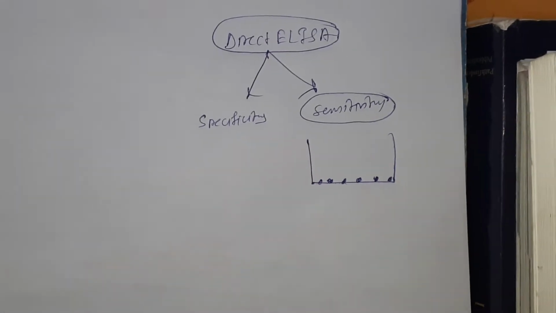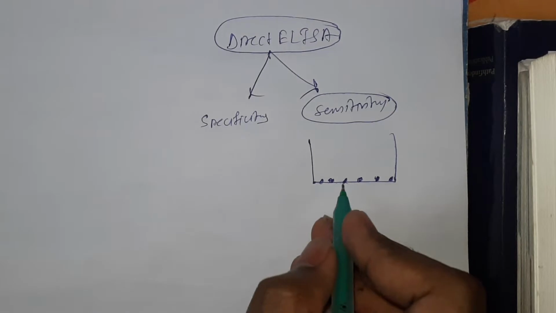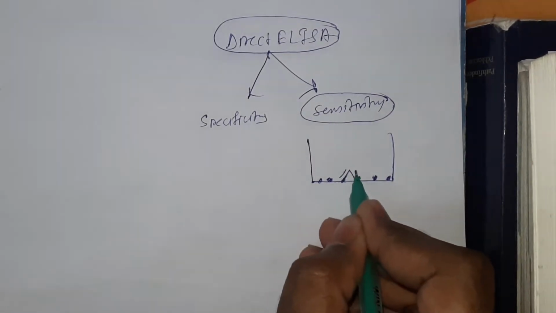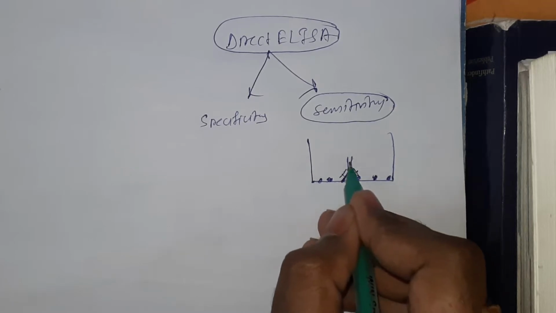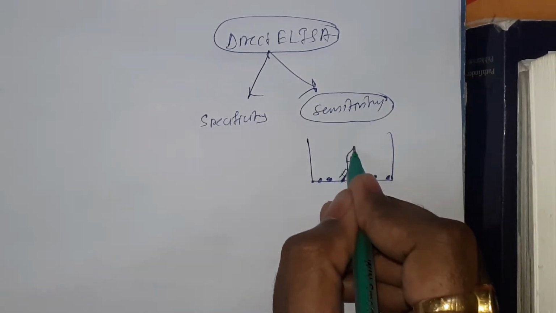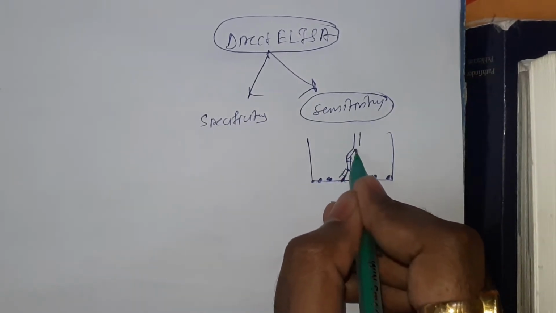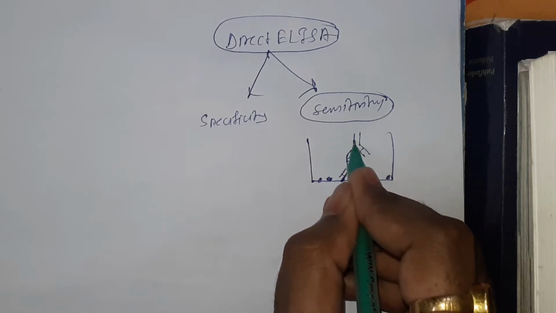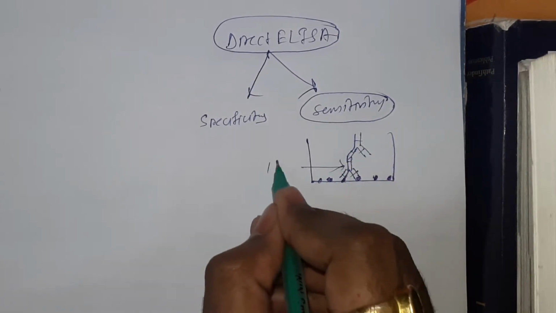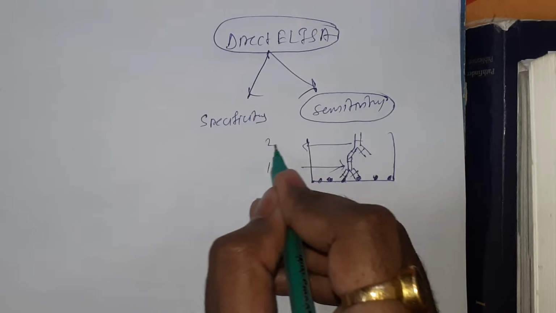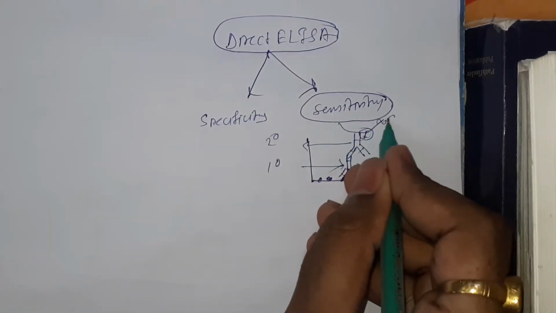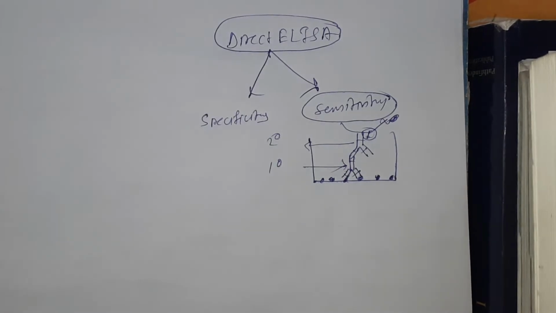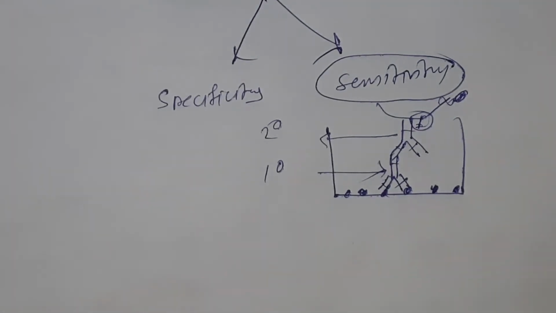That is the reason why we developed a second procedure that we termed indirect ELISA, where along with the primary antibody we use a secondary antibody which is linked with an enzyme that gives us a colored product. So the intensity of the result is increased.